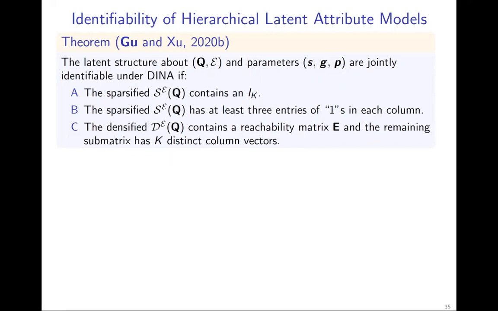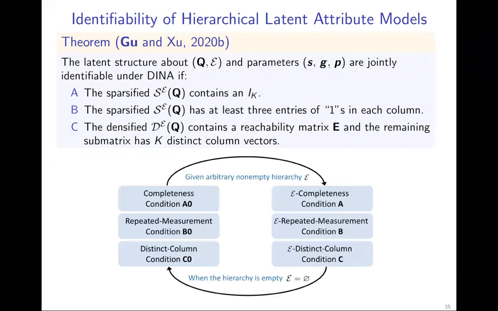So from the statement of the theorem, we can see that it is related to our previous result about the necessary and sufficient condition for DINA, but we have these sparsifying and densifying operations coming into play. And indeed, these conditions A, B, C, I will call epsilon completeness, epsilon repeated measurement, and epsilon distinct column condition.